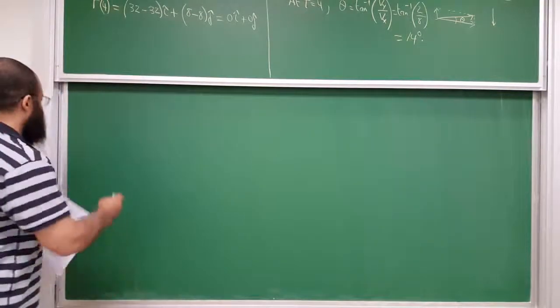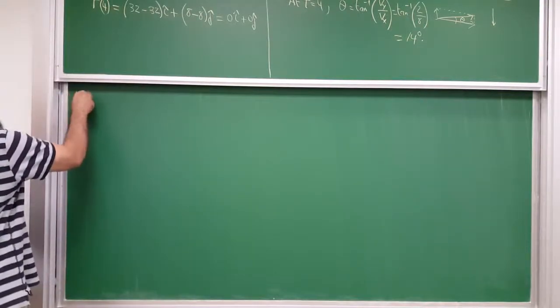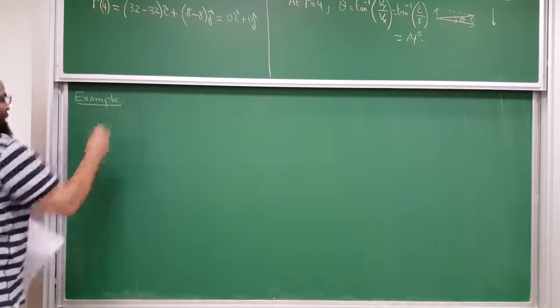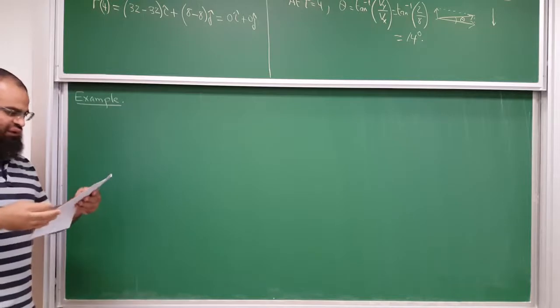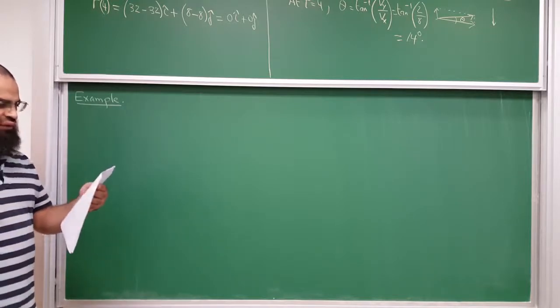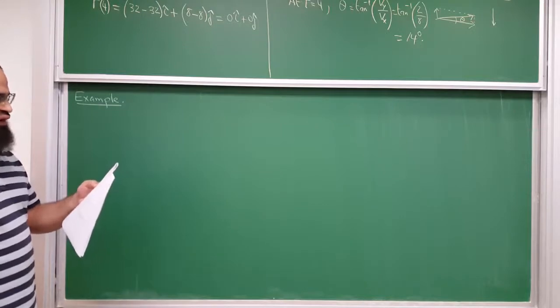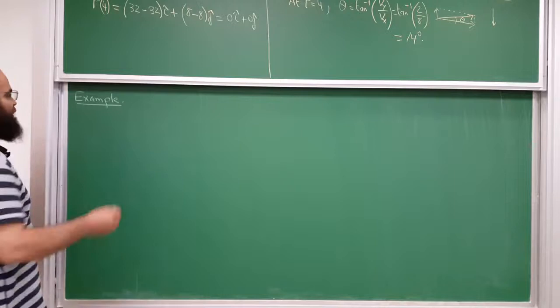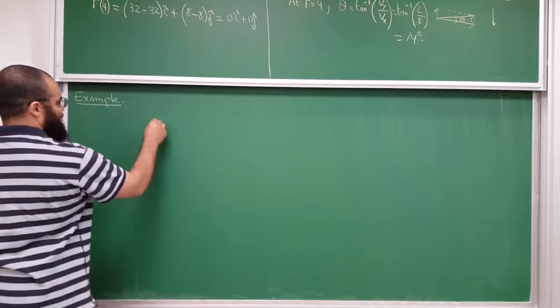You have an Olympic athlete who throws something at a speed of 12 meters per second at 40 degrees from the horizontal. So here is the athlete.